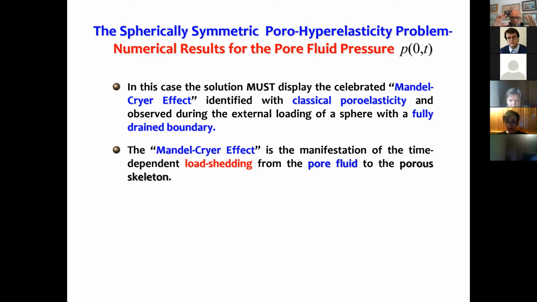That means the skeleton basically shrinks, and when it shrinks, it exerts an additional pressure at the center of the sphere. This is the so-called Mandel-Cryer effect, which was observed by Cryer as well as Jean Mandel in France. This is a load shedding from the pore fluid to the porous skeleton.